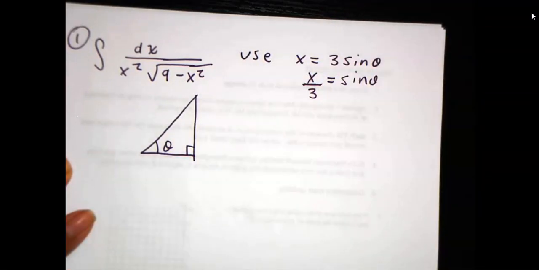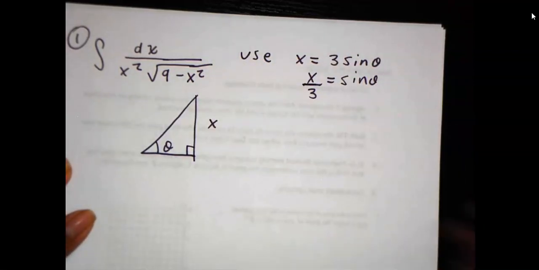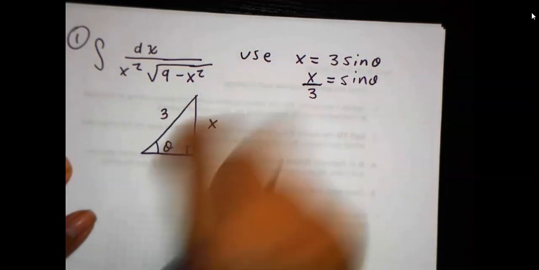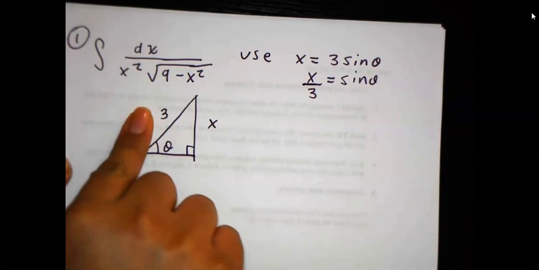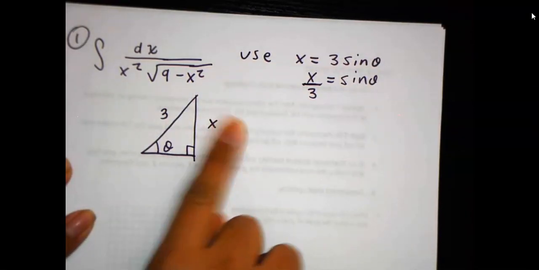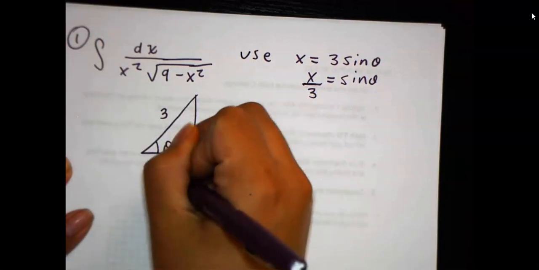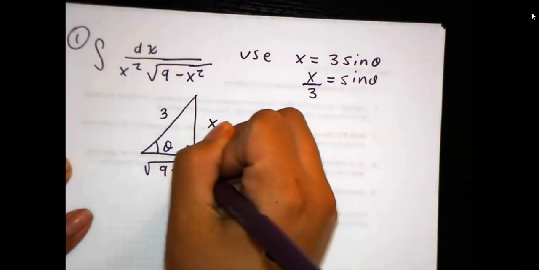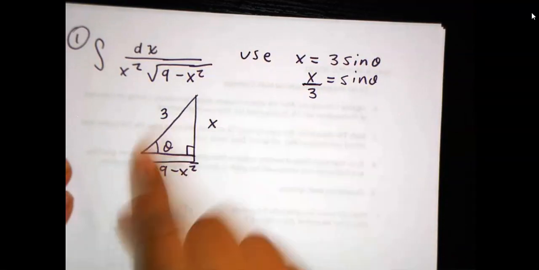Sine is opposite over hypotenuse, so my opposite is going to be x and my hypotenuse is going to be 3. To find this missing side, we do the hypotenuse squared minus the opposite side squared, and take the square root. That's where this one comes from. The square root of 9 minus x squared would be my adjacent side.